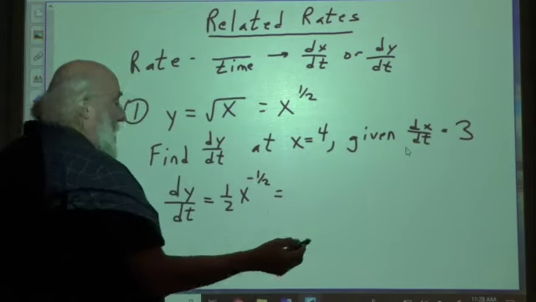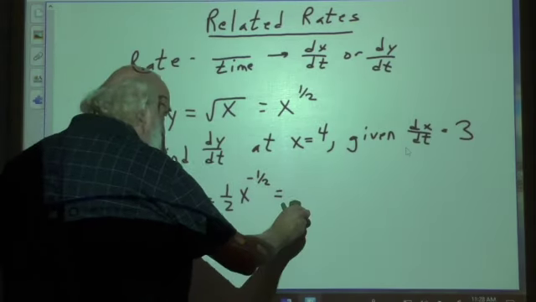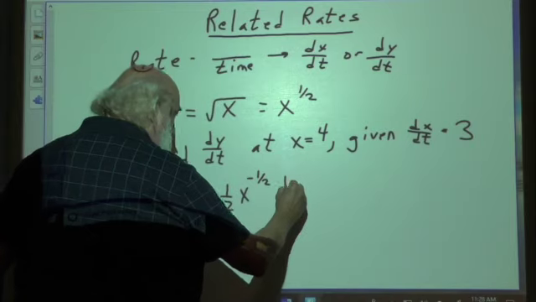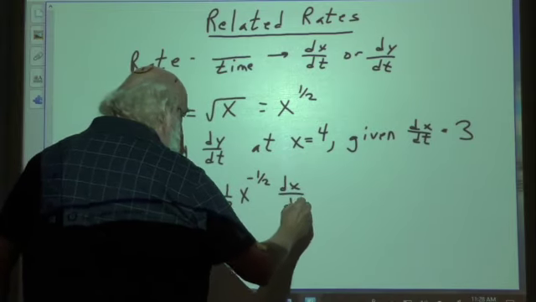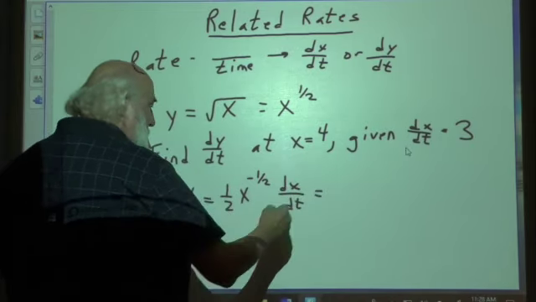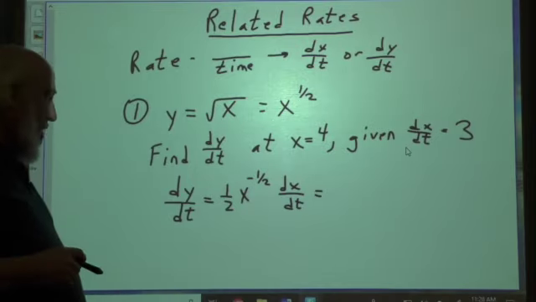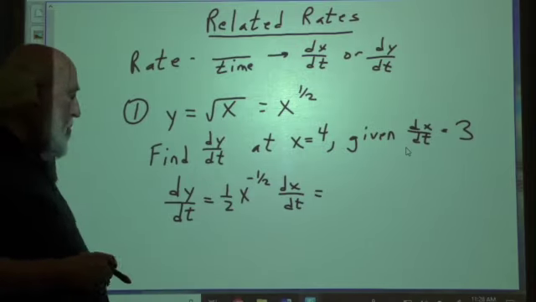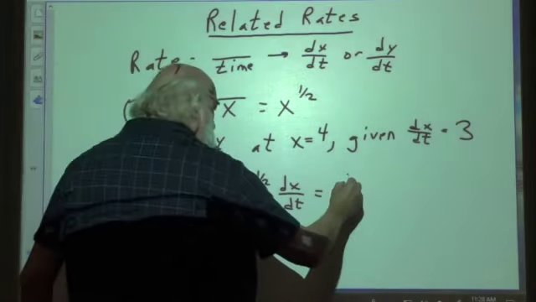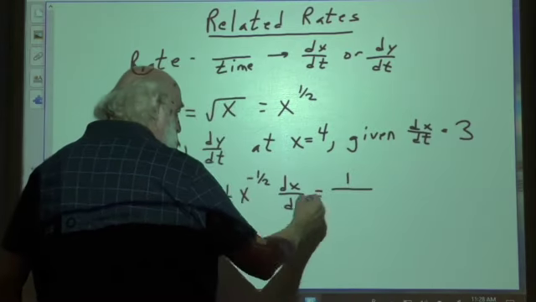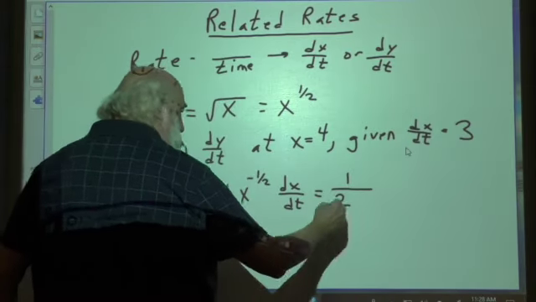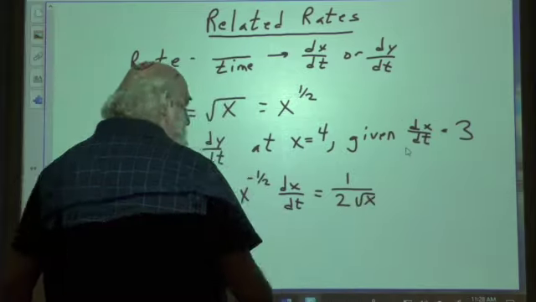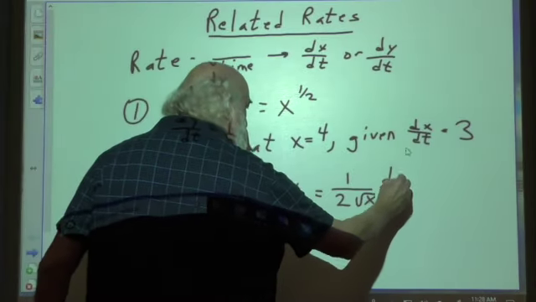So we have this times dx/dt. We can rewrite this in a more conventional form, without negative exponents: 1 over 2 square root of x, times dx/dt.